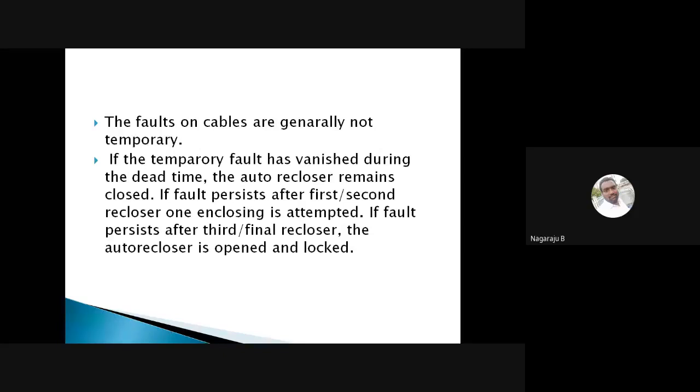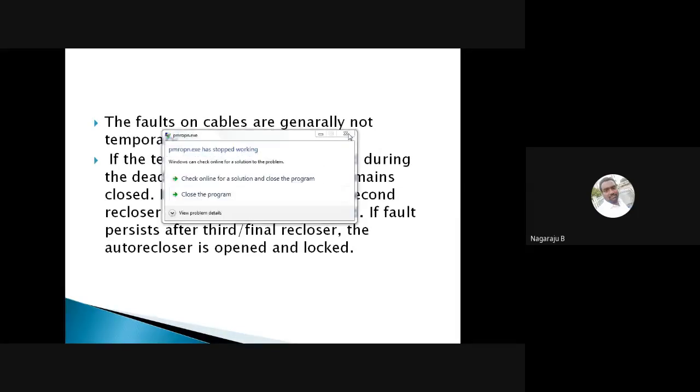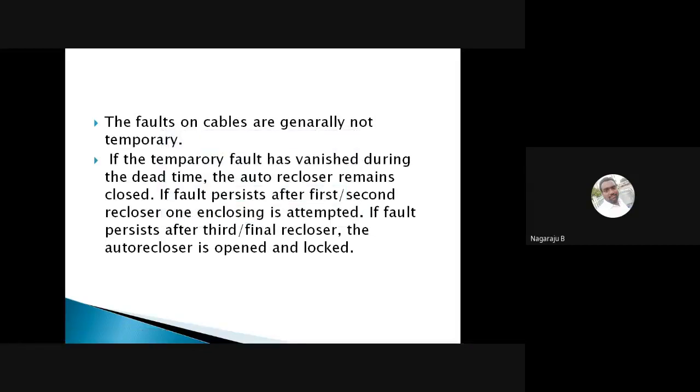And the main application of this line recloser is the minimum amount of fault current. Minimum amount of fault current is the main consideration for the line circuit recloser.